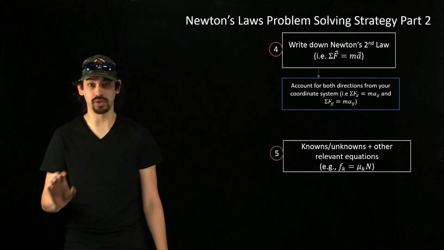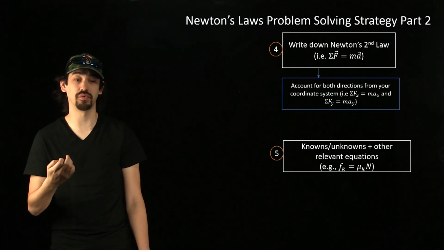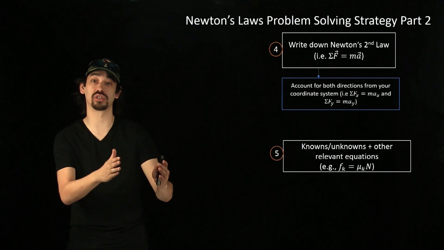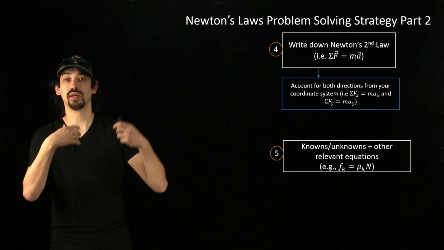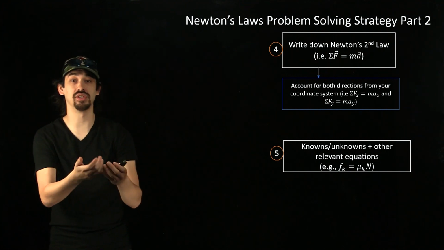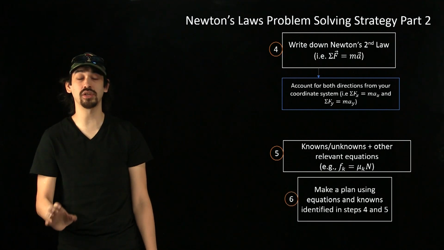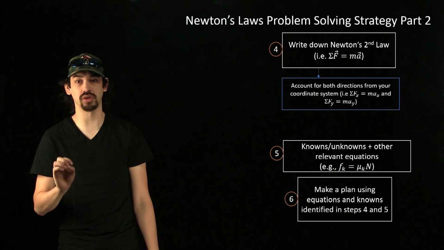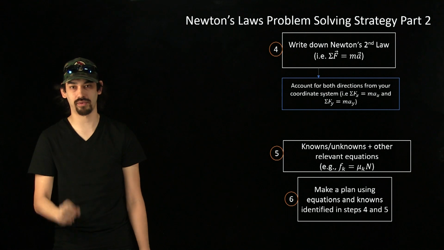The next thing we can do is add in any relevant information to the problem. For instance, if we had a problem with friction and had just defined it as the force of friction with some F, we could say that now we know the force of friction is the coefficient of friction times the normal force. The last thing you want to do is make a plan using the equations and the knowns identified in steps 4 and 5.